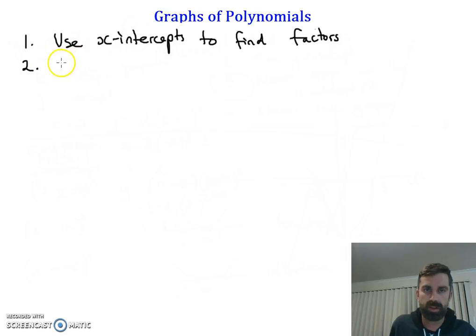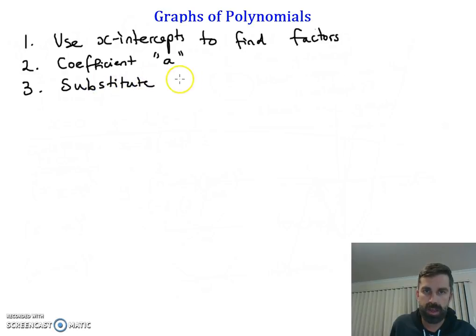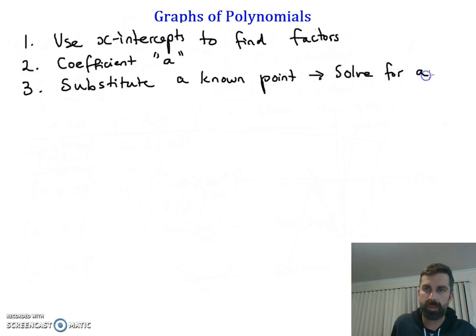We're going to have a coefficient of a, and you'll remember what that is when I show you. And then I'm going to substitute a known point and solve for a.